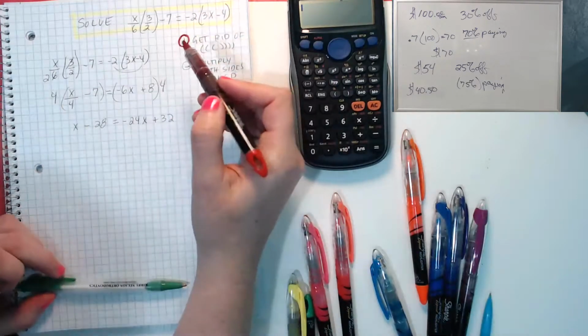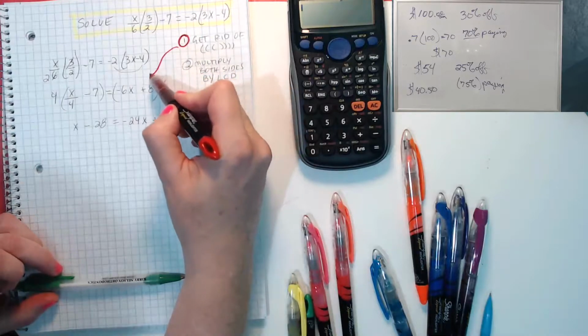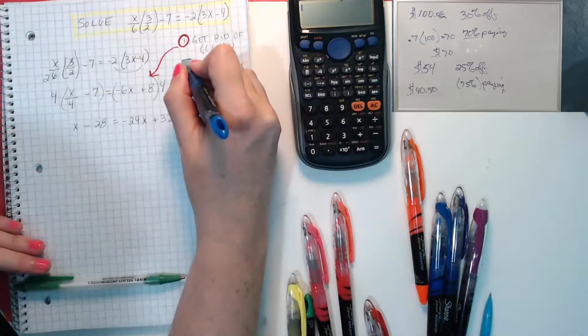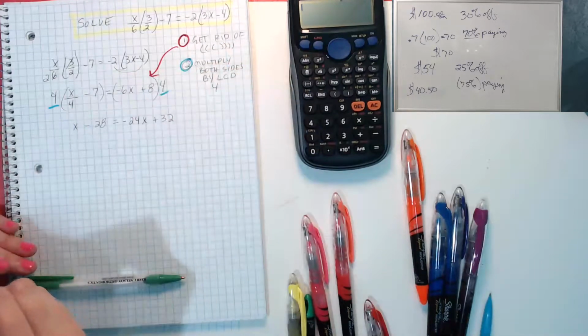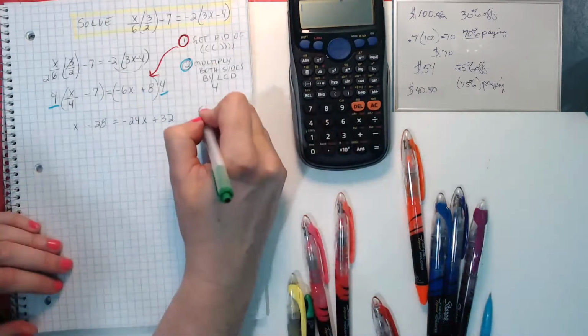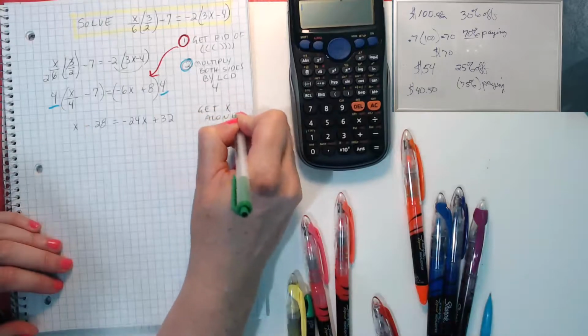Get rid of parentheses. Multiply both sides times 4. Get x alone.